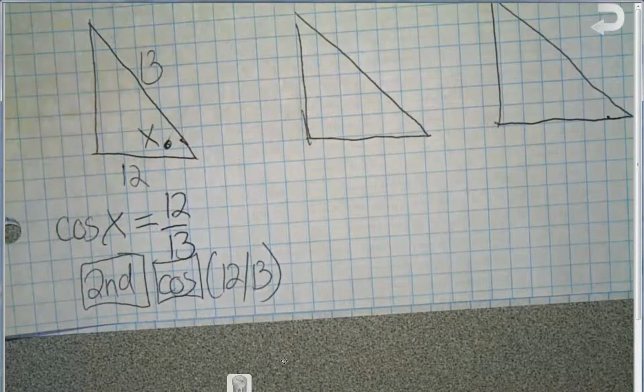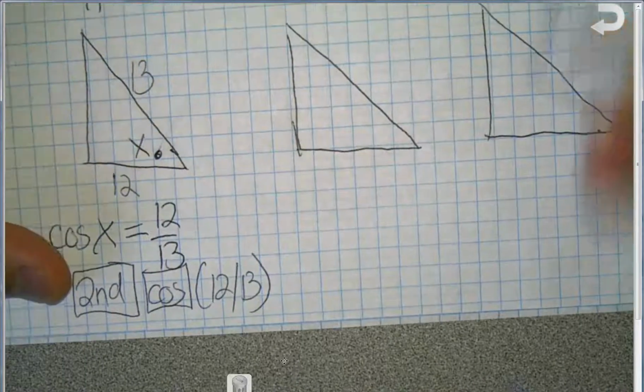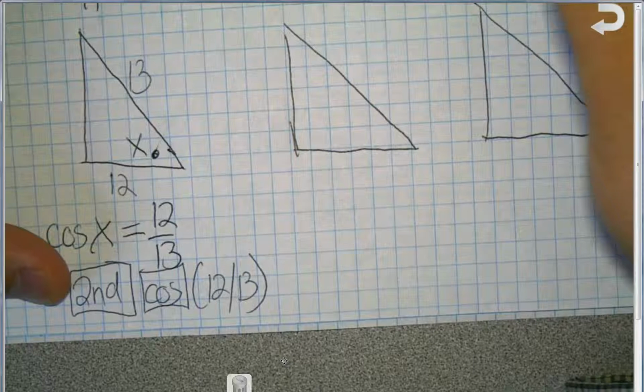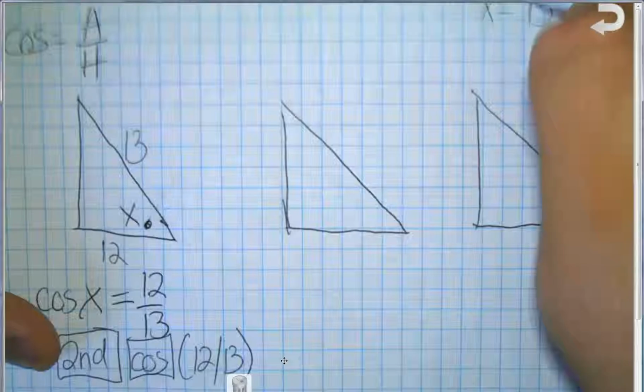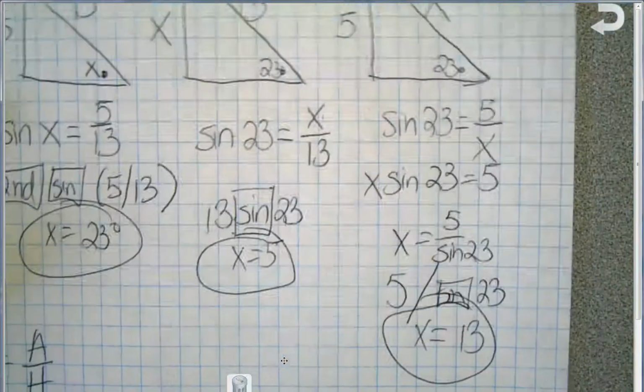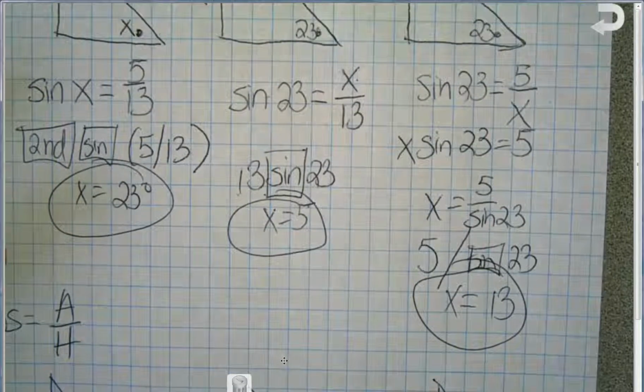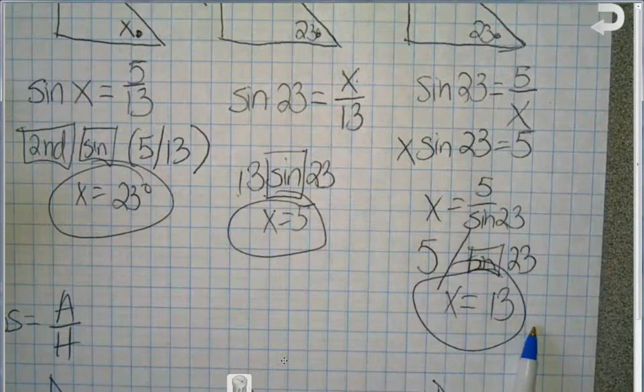And don't we end up with 23 degrees? If you had the notes up here, by the way, I just circled the answers up on the top to make sure that we followed through on the sign.